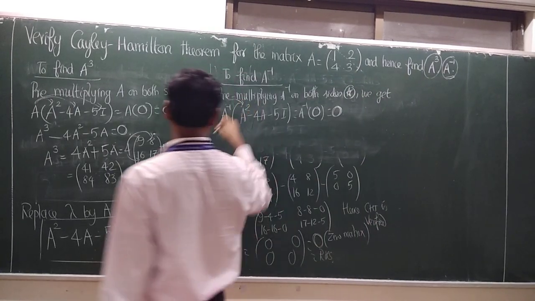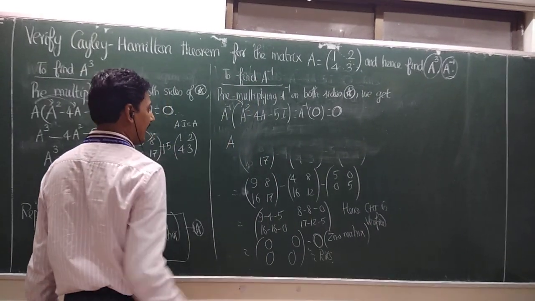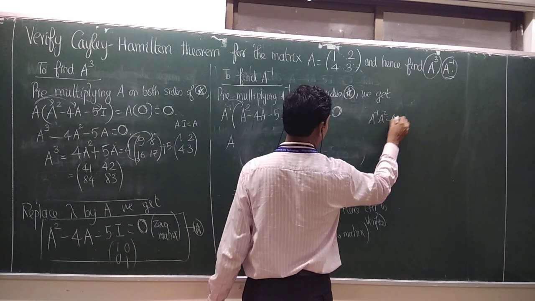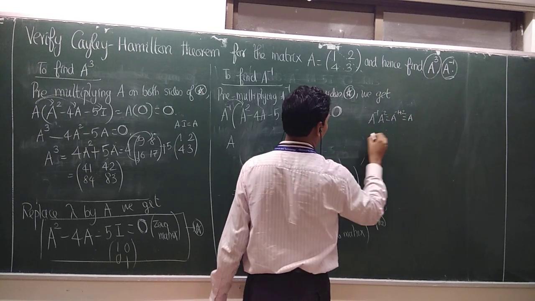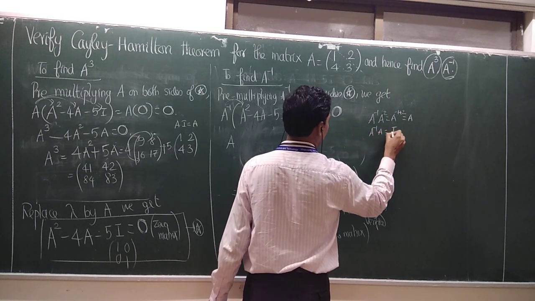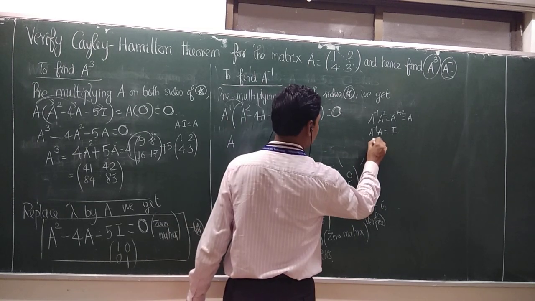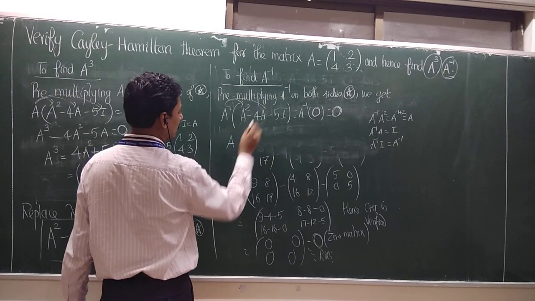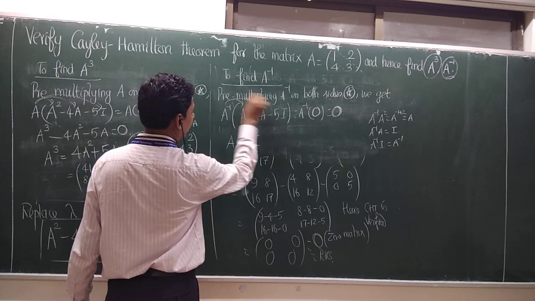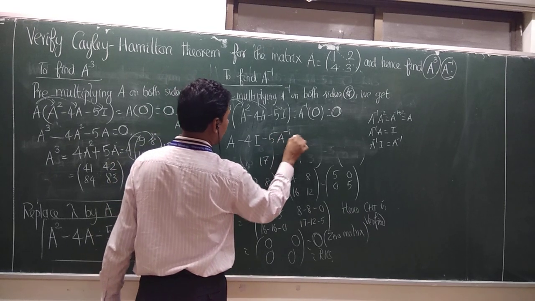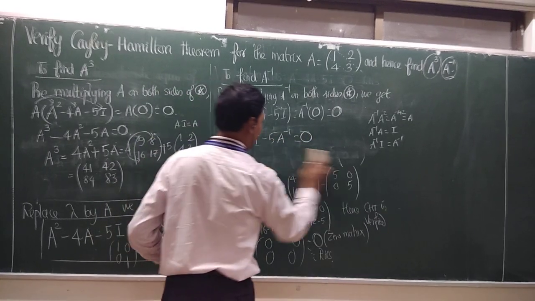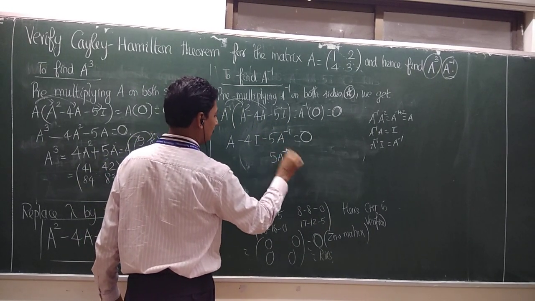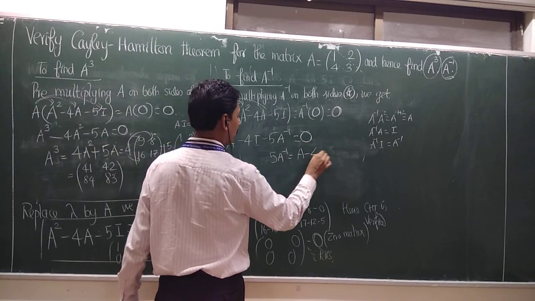Now A power minus 1 into A squared is A power 1. A inverse into A is I, and A inverse into I is A inverse. So we get A minus 4I minus 5A inverse equals the 0 matrix. Let us move the inverse term to the other side: 5A inverse equals A minus 4I.